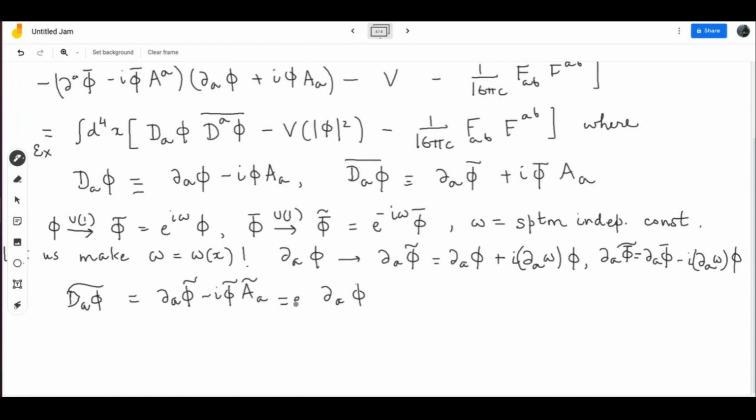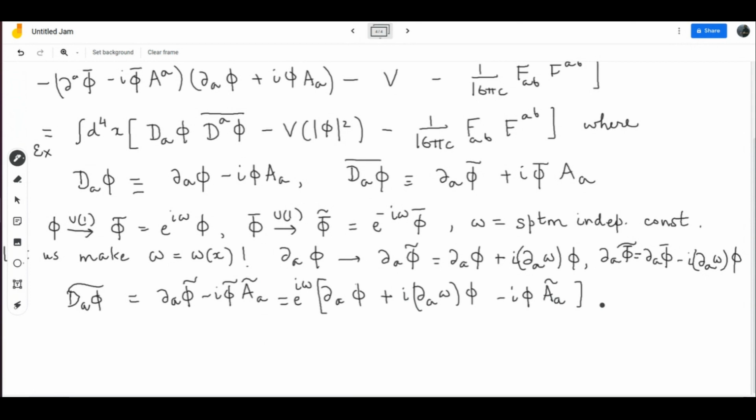So e to the I omega always goes along for a ride. So this is del A phi, and we get I del A omega phi. And from here, we get minus I A tilde phi, since phi tilde is e to the I omega phi, we don't have to write phi tilde. And e to the I omega is outside. Okay, this is what we have.